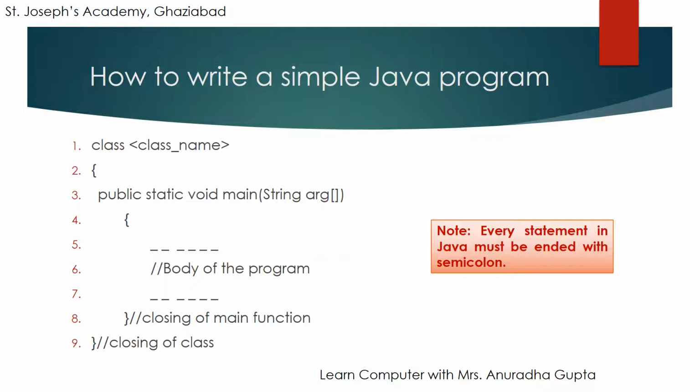Line 4, we start one more curly bracket which shows from here our main function starts. Then from line 6 to line 7, here we write the body of our program, which varies according to the program, according to the task. Then in the second last line we first close the main function, and in the last line we close the class. This structure will go the same in each and every Java program.